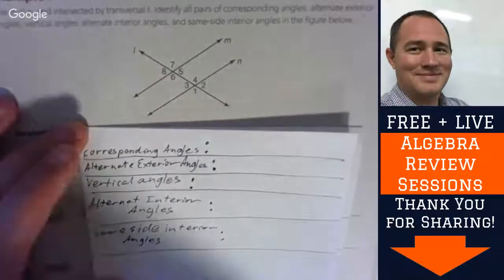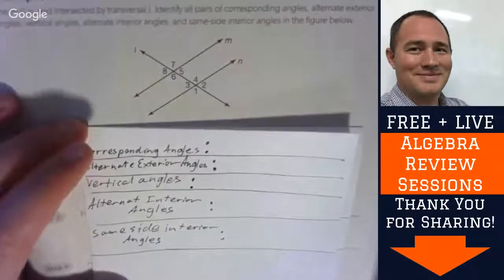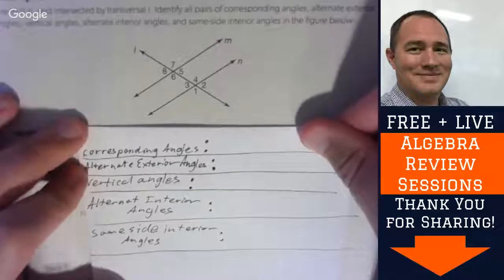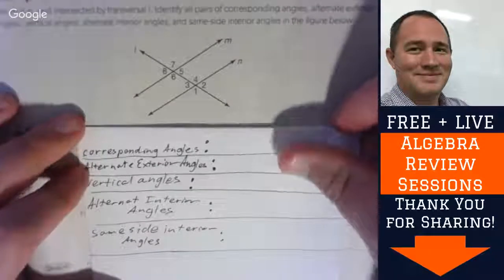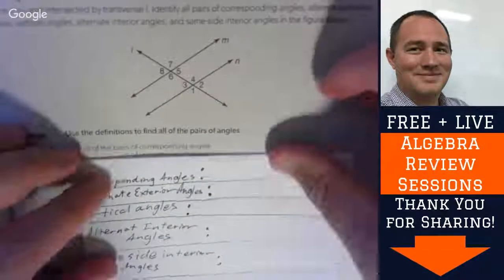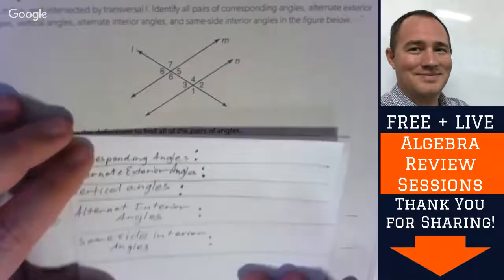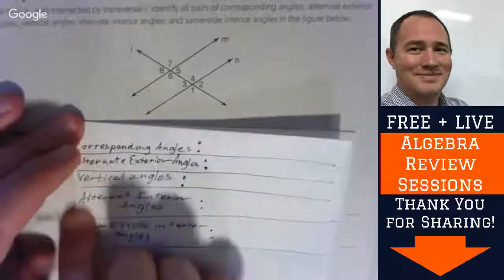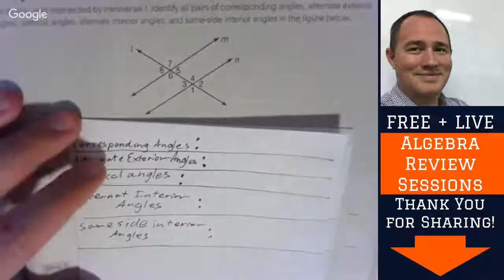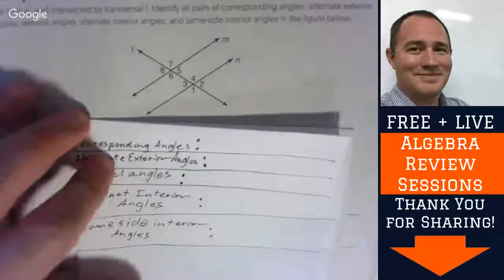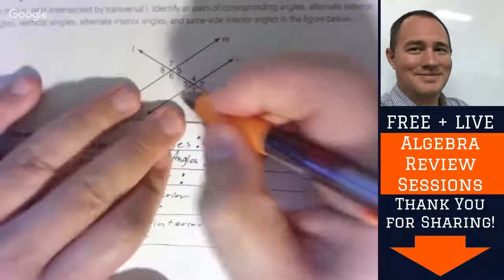Okay, so corresponding angles. What pairs could we be talking about? Corresponding angles, if you recall, are going to be on the same side of the transversal, and they're going to be of the same measure. So we have 8 and 3.